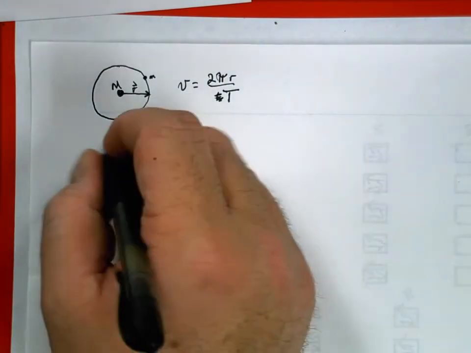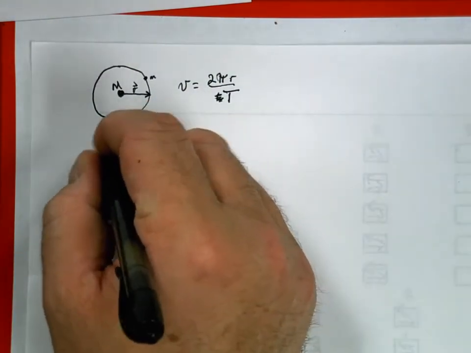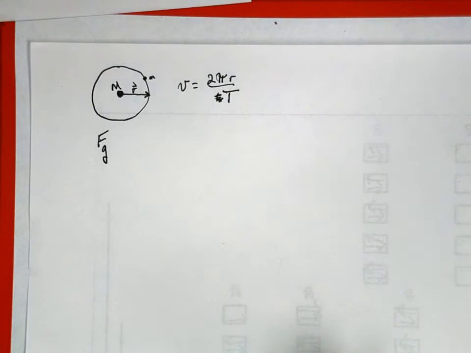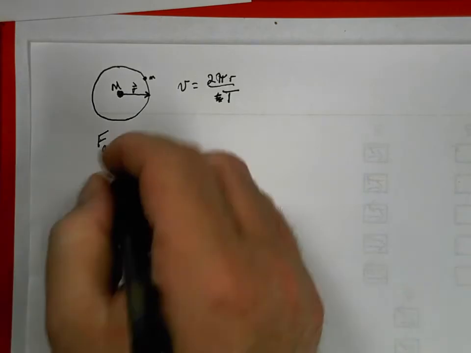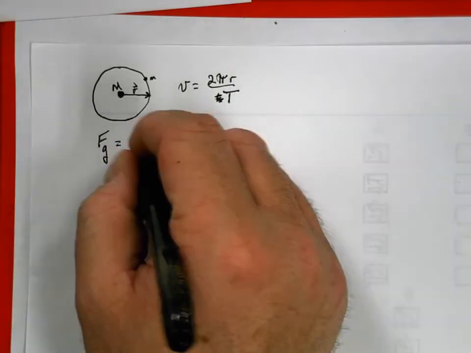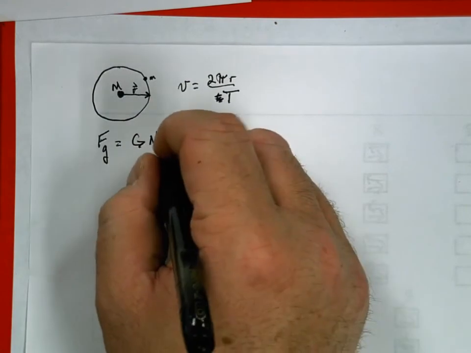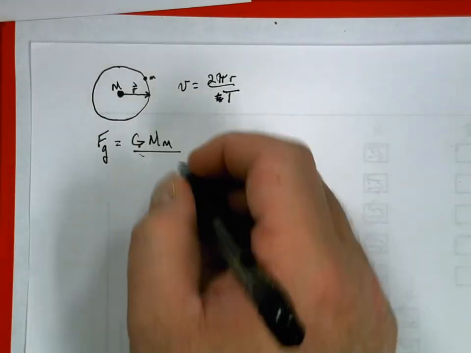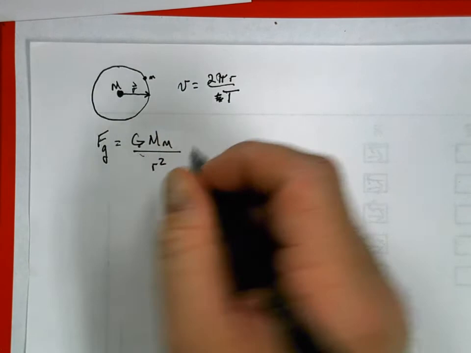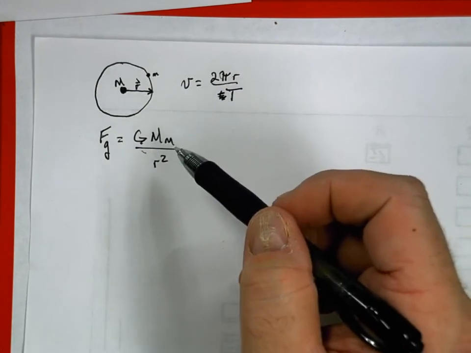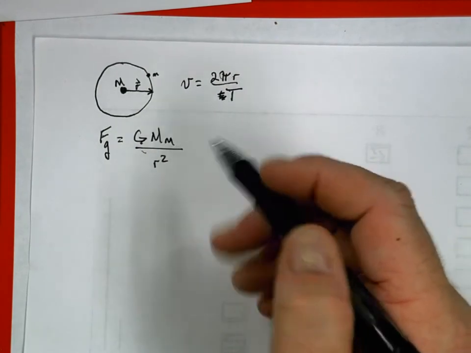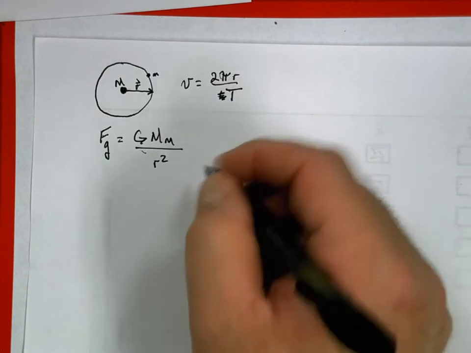Now, we know that the force of gravity acting on this object is equal to G times the big mass times the little mass divided by r squared. Since this is the only force acting on the object, and it's centripetal, there's no torque.